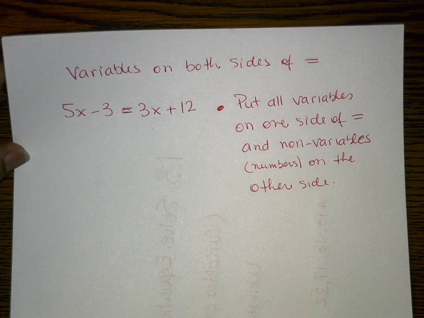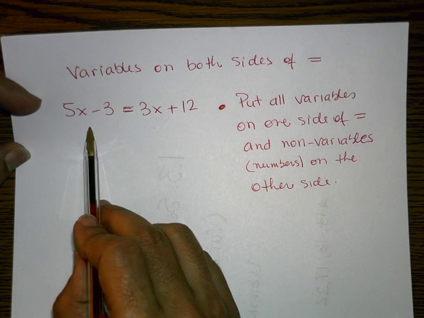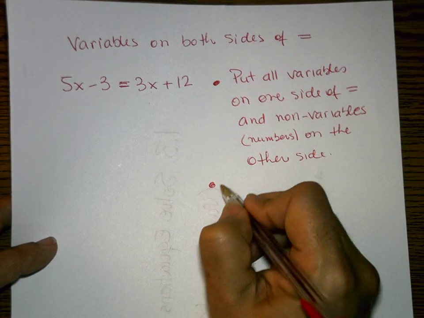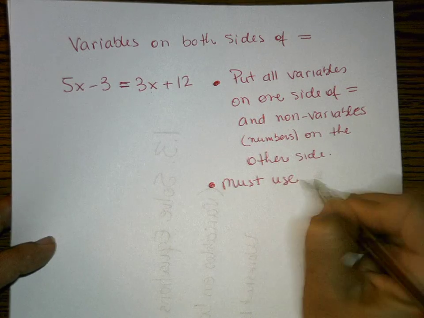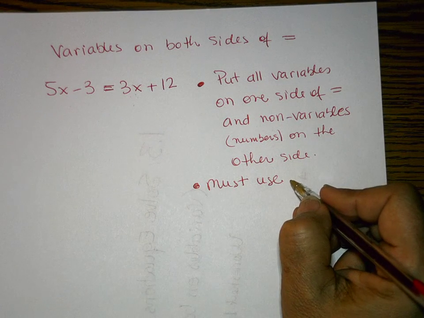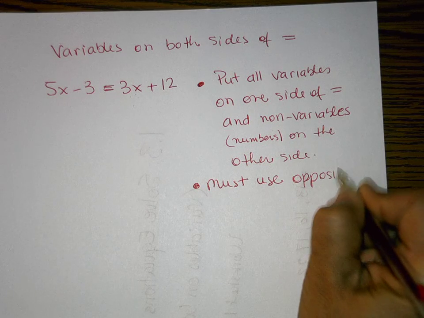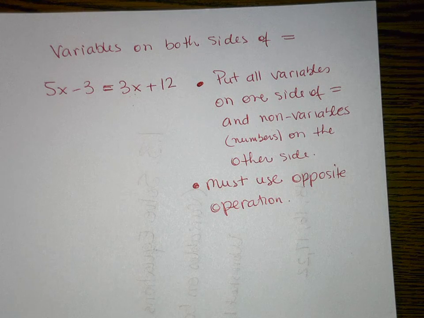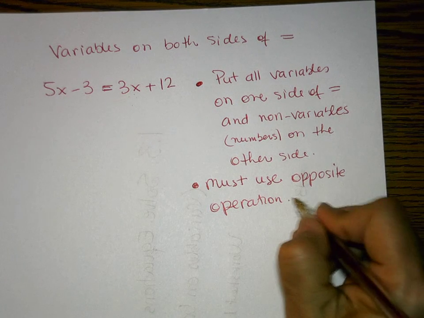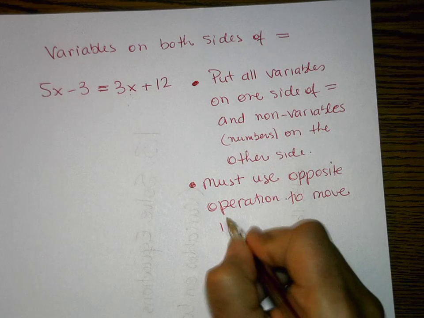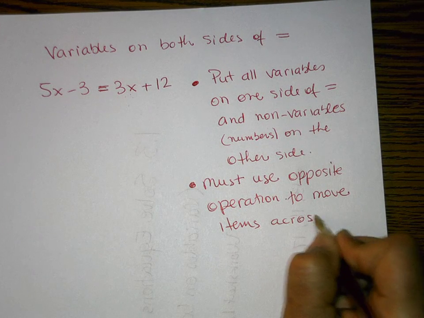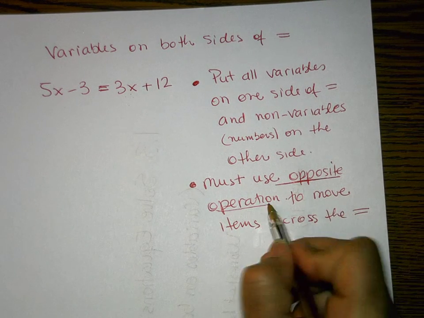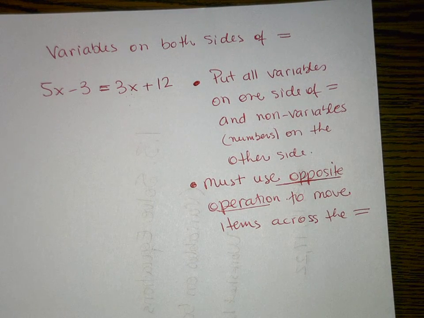But in order to do that, students think that they just need to write a 3x on this side. That is not how it works. We must use the opposite operation so we can move items across the equal sign.